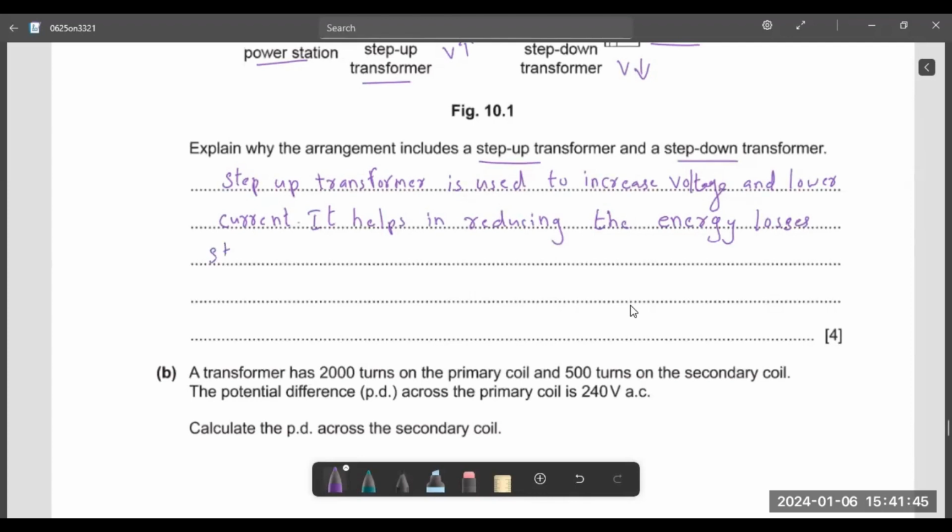Next, the step-down transformer. That is used to decrease the voltage.